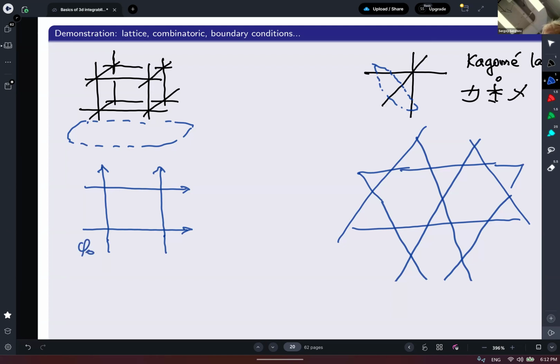For instance, phi 0 here, phi 1 here, phi 2 here, okay, phi 3 here. And we'd like to impose periodical boundary conditions. Therefore, on the top, somebody wants to write down again phi 0, since we must have periodical boundary conditions.